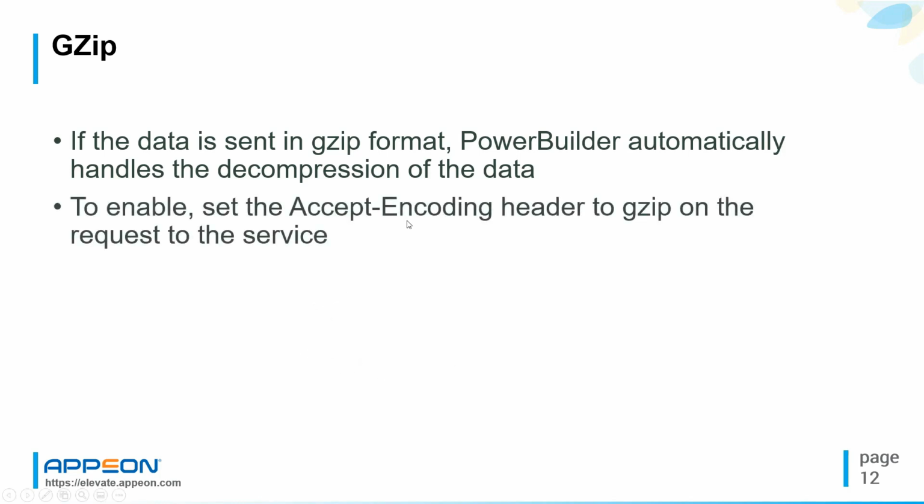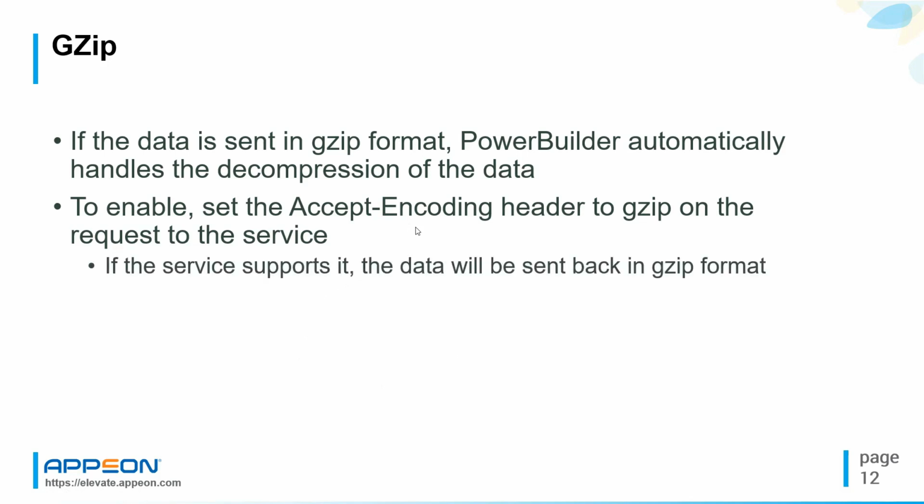So if you set the accept encoding header in your service call, and the service supports GZip, it will send the data in GZip. And if not, the service will ignore your header and just send the data back in regular uncompressed JSON format.